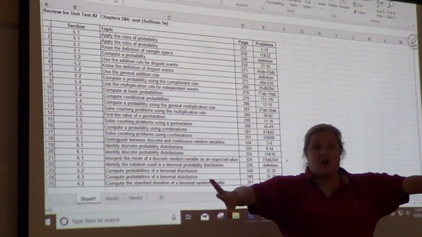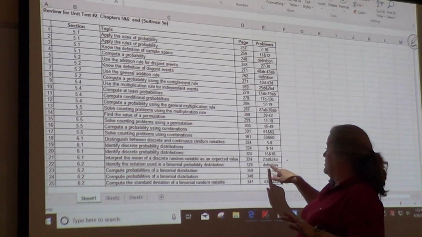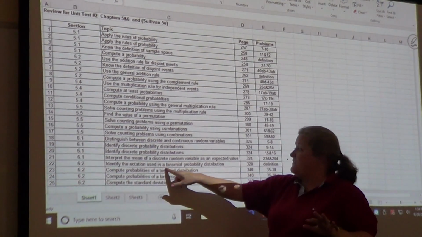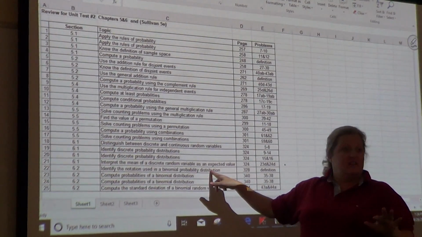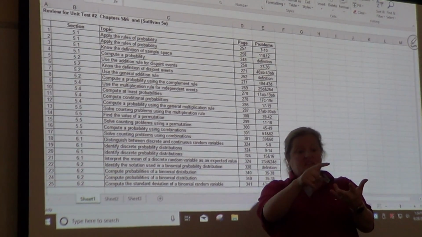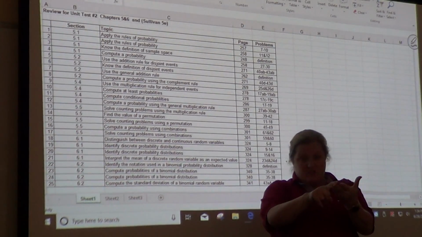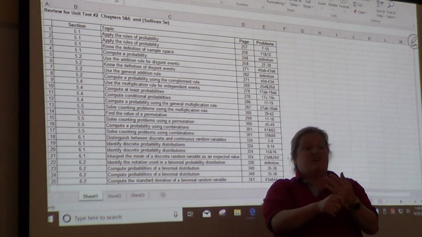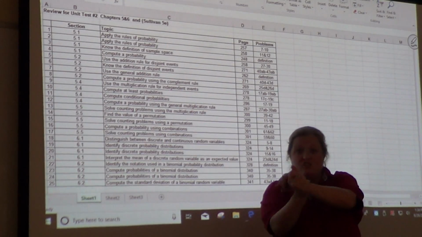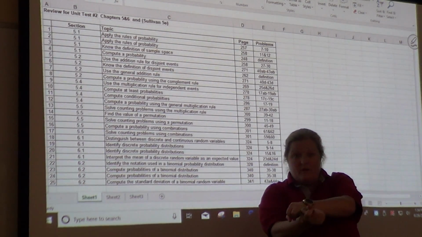They have nothing in common, nothing to do with each other. Another one says identify the notation used in probability distribution, which means you need to know what the N means, the P means, the 1 minus P means, and the X means, which are the things we did today. If I ask what successes mean, you say P. If I ask what failures mean, you say 1 minus P.